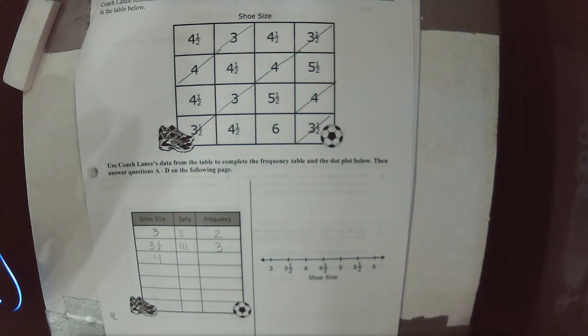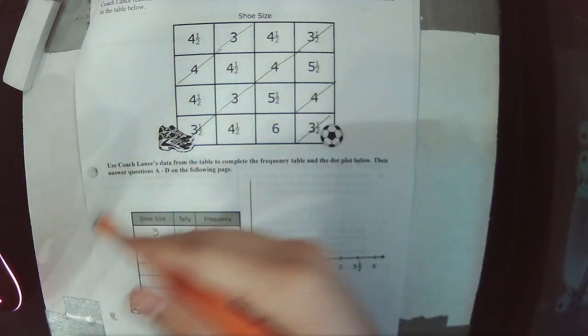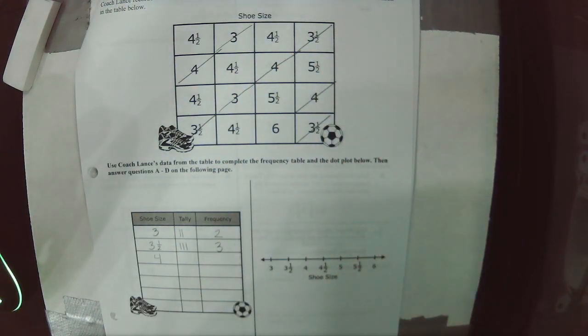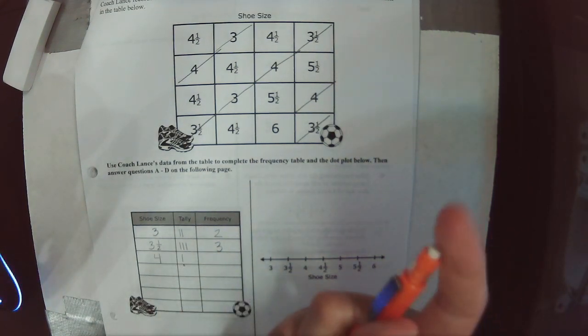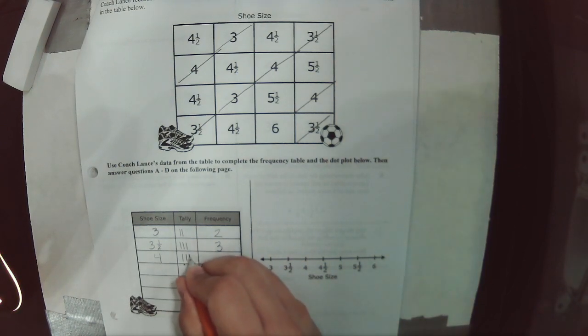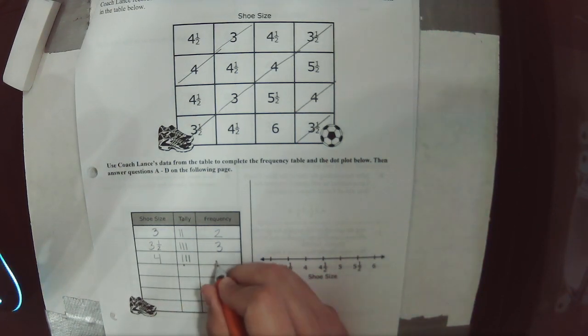Now, especially on problems like these, one of the things that I found that helps out the most is once you count a number, cross it out. That way you don't accidentally count it again, or get confused and think you still have more left. We found 3 players that wore a size 4 shoe. So my tally is 1, 2, 3. My frequency is 3.